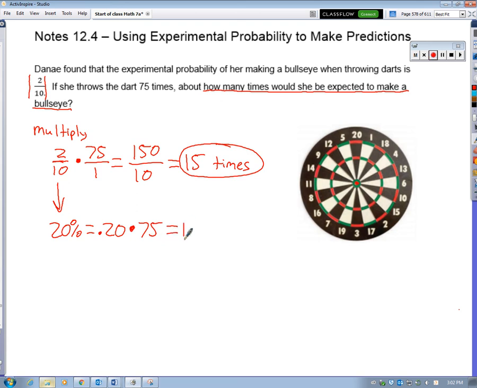It would also equal 15 times. So you could choose which type of math you want to do, fractions or decimals, to get the same answer. Alright, so that's how we go about solving that type of problem. Let's take a look at a couple more here, and we'll see what we have.